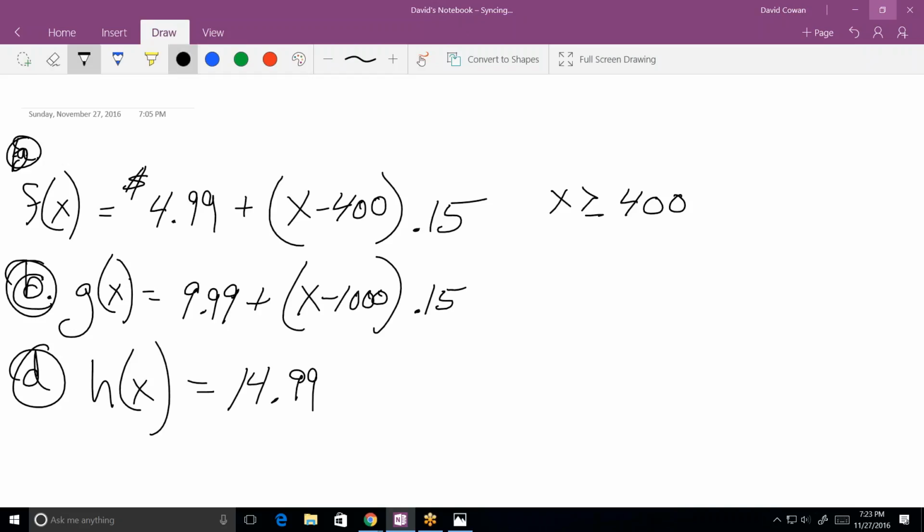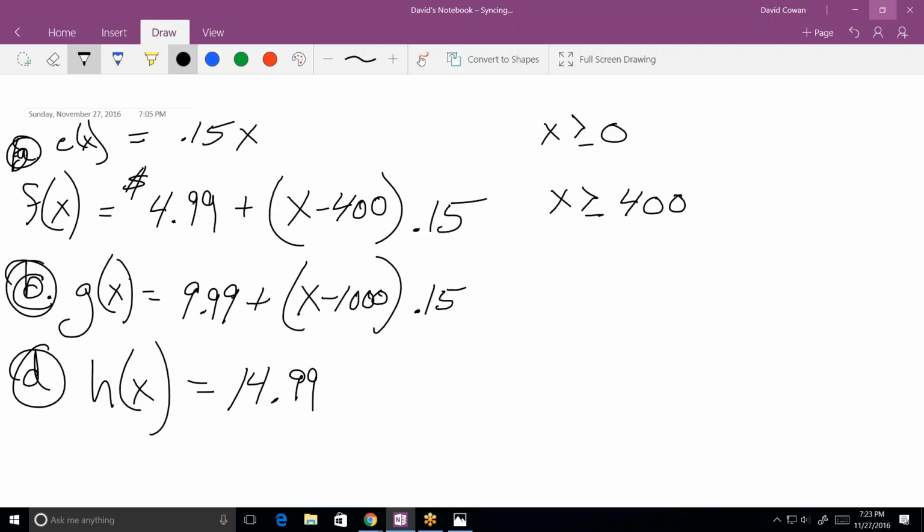In other words, the first function, which I'll call e of x equals 0.15 times x. x has to be greater than or equal to 0.